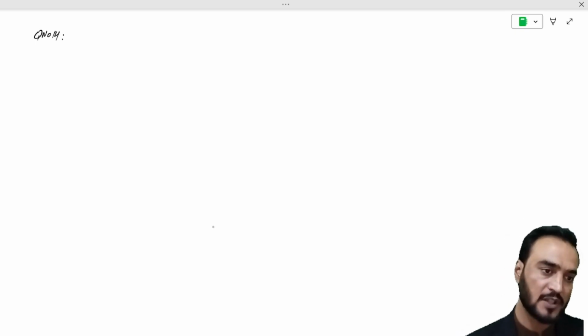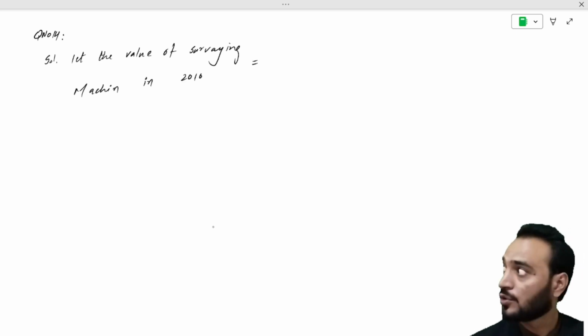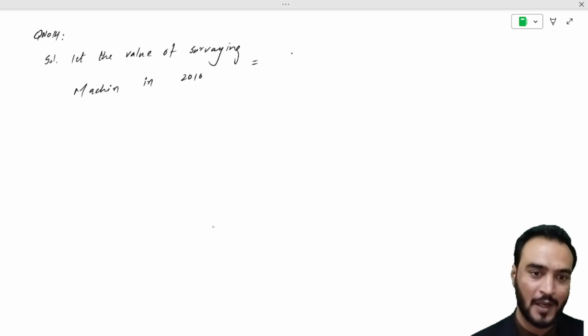Let the value of surveying machine in 2010 be X dollars. Now we depreciate the value by 25% to obtain its value in 2011.